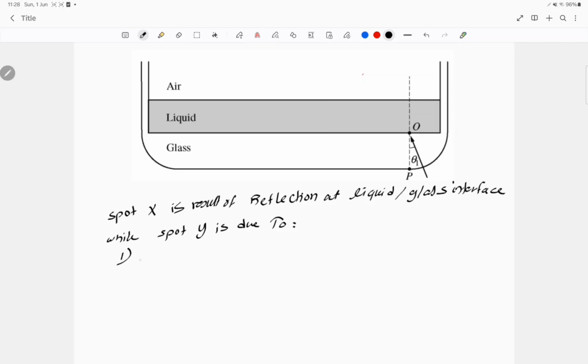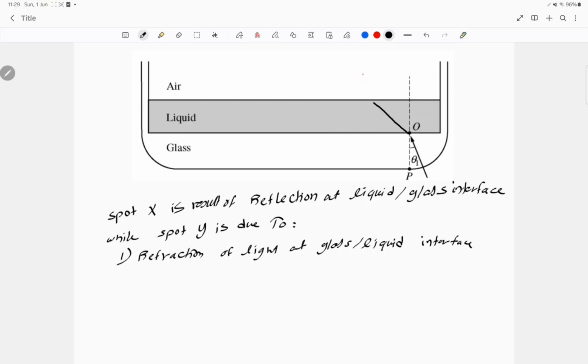It's going to be the reflection, and the result of the refraction of light at the glass liquid interface. Let me show you how.